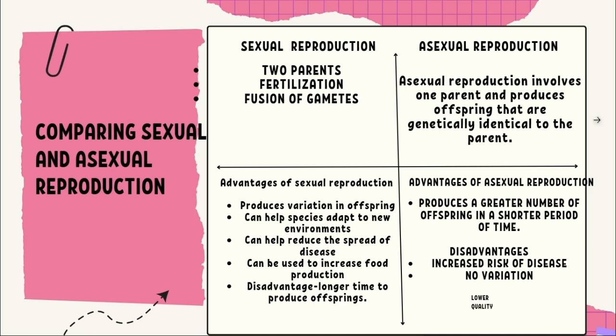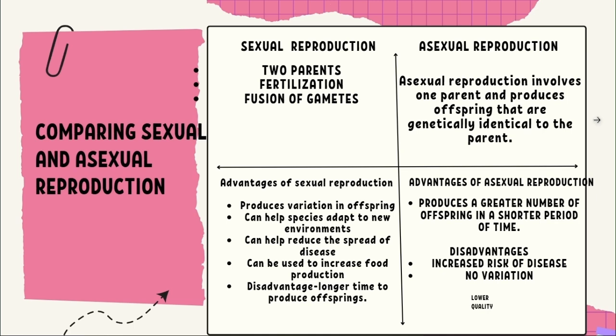Literally identical, like identical twins. The parent and the child look exactly the same. So with asexual reproduction, there is no variation. There is no variation at all. So that disadvantage for asexual reproduction is actually an advantage to sexual reproduction.